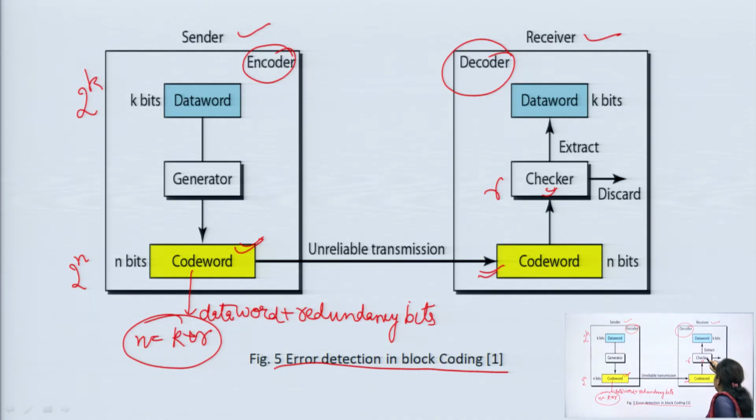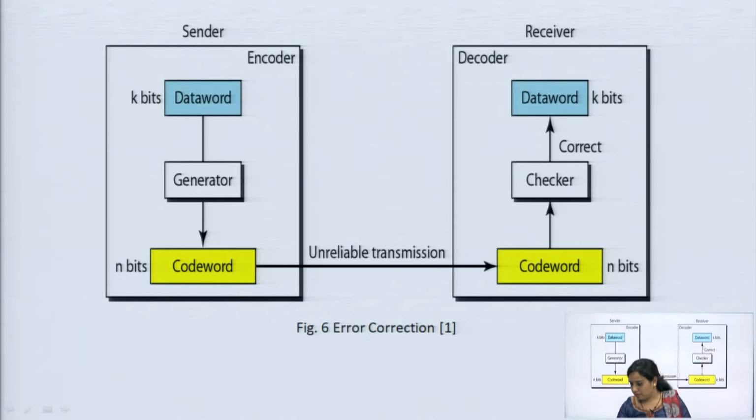If there is an error, then the original message data bits will be discarded, and if it does not have any error, then the original data words will be extracted and delivered as the original data word, that is k bits. So, this is being received at the receiver side. So, this is error detection in block coding.